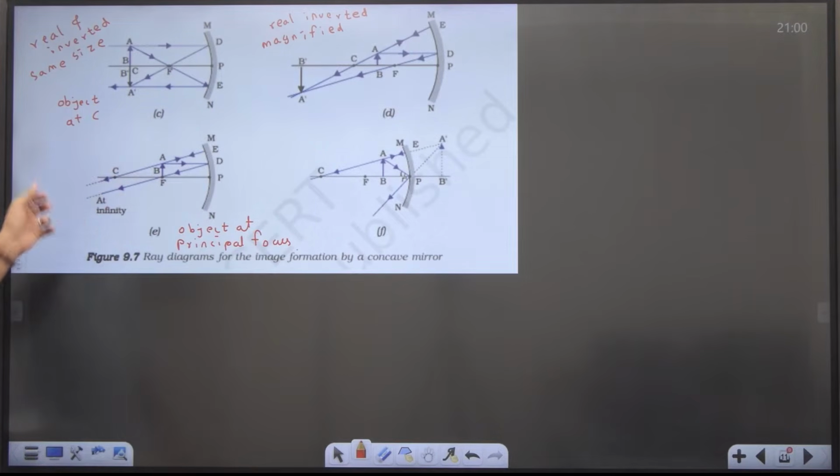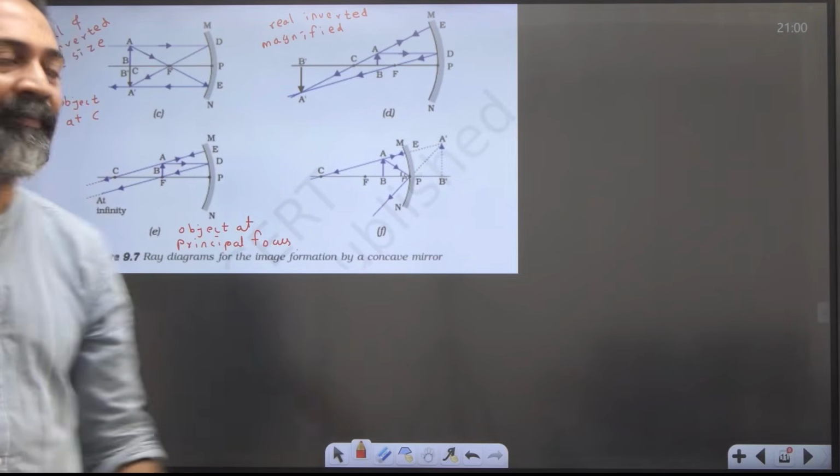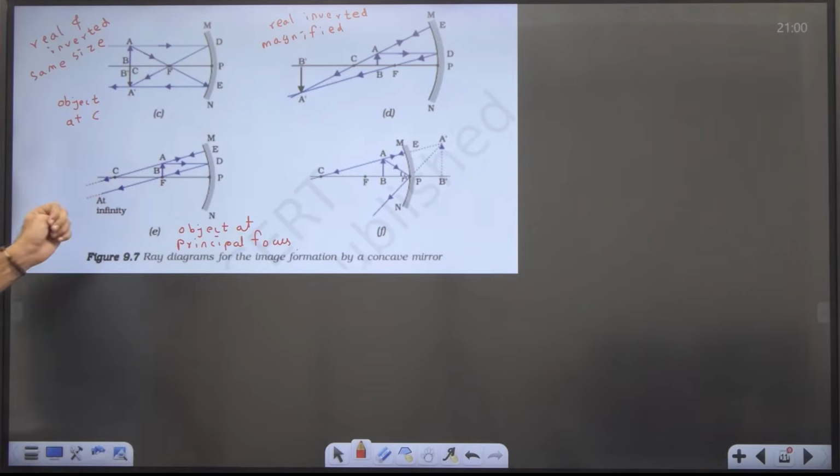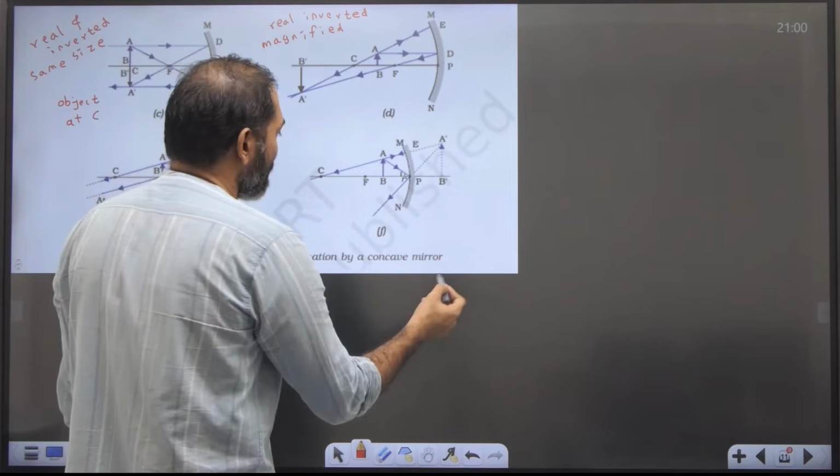Here the reflected rays never intersect. We assume that only if reflected rays intersect can we see an image. Here the reflected rays are not intersecting each other, so we assume they will meet at infinity. So the image is formed at infinity.